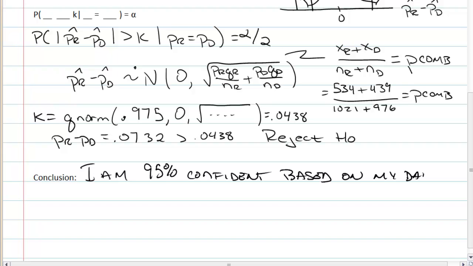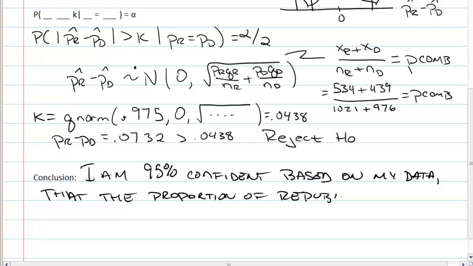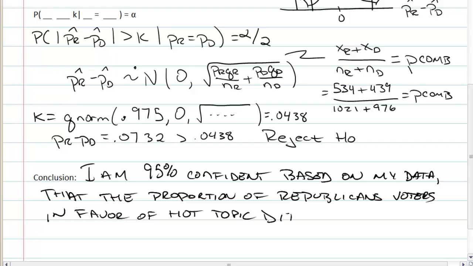I'm telling the reader my type 1 error probability, and it's data based. 95% confident based on my data that the proportion of Republican voters in favor of the hot topic differs from the Democrats.